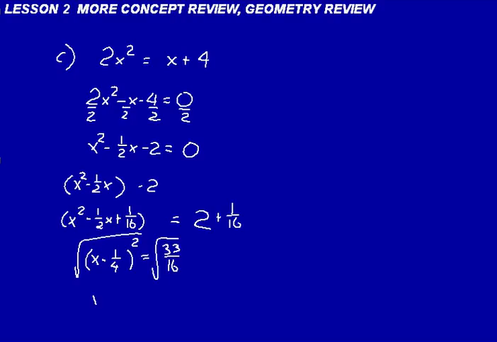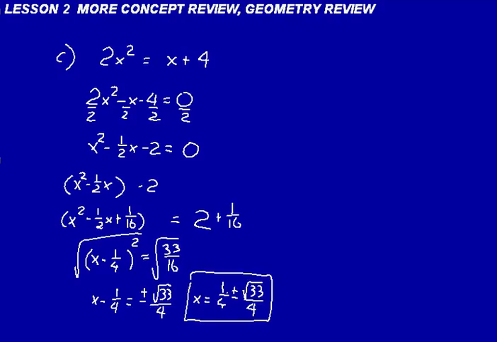And so we'll have x minus 1/4 is equal to, anytime you take the square root, you have to do plus or minus, the square root of 33 over the square root of 16, which would simplify to a 4. Now we can move the 1/4 to the right side, and we get x is equal to 1/4 plus or minus the square root of 33 over 4.